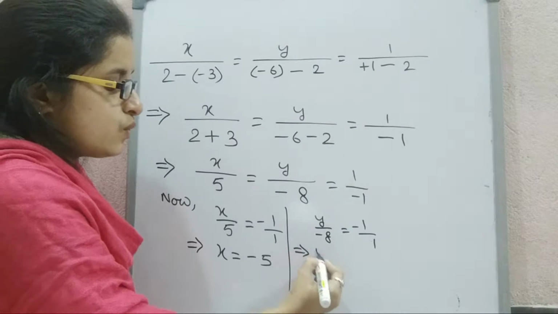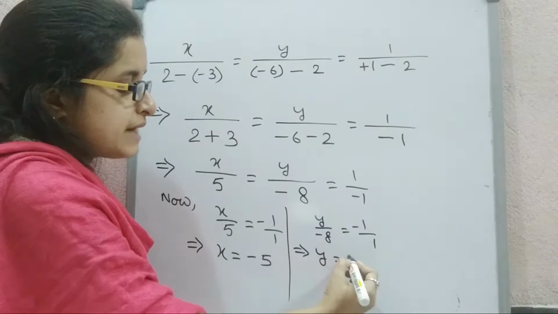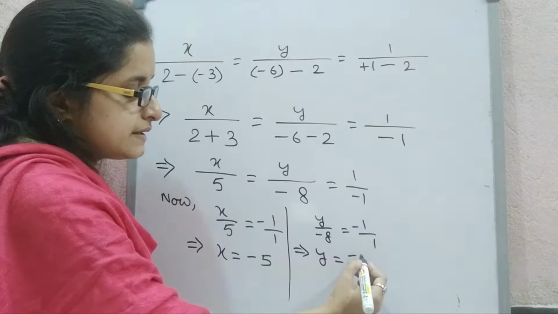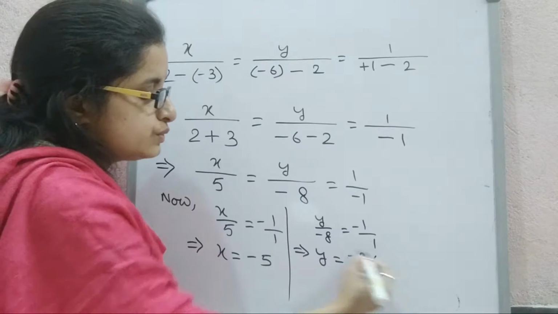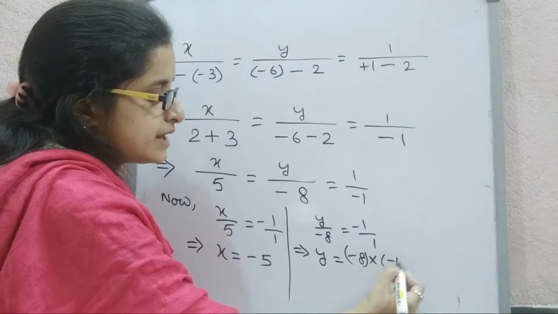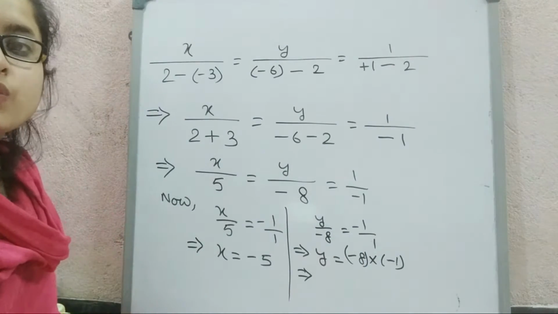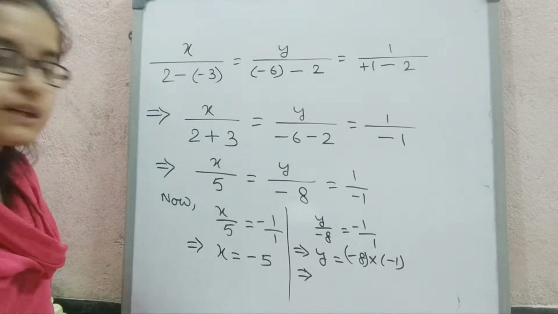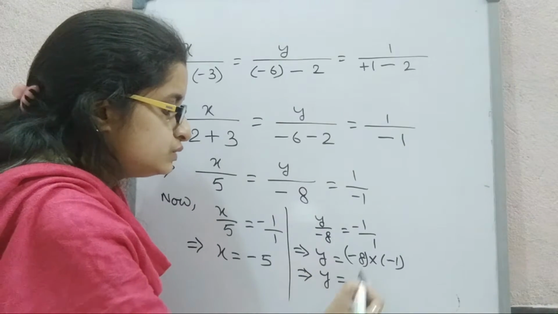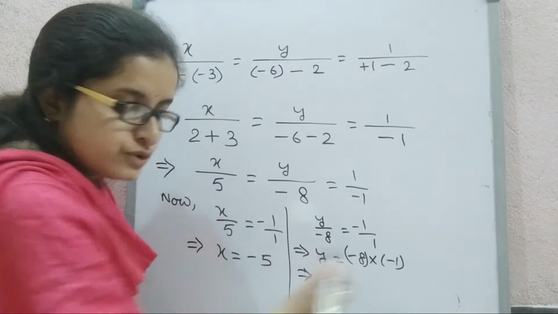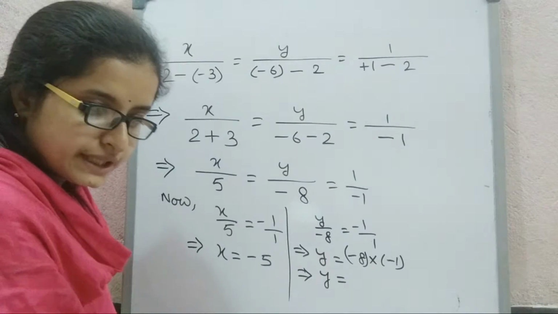And y is equal to minus 8 into minus 1. We can omit 1 because 1 is in the denominator. So y is equal to minus 8 into minus 1, that will be only 8.